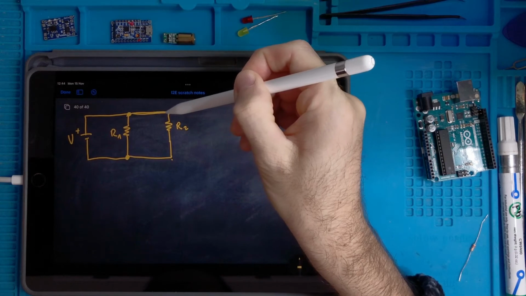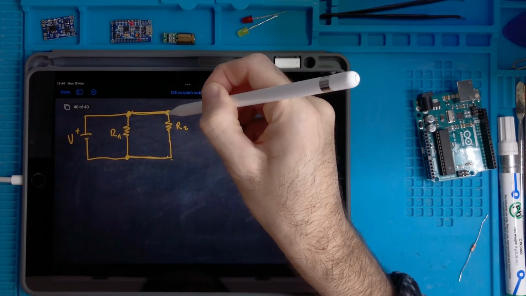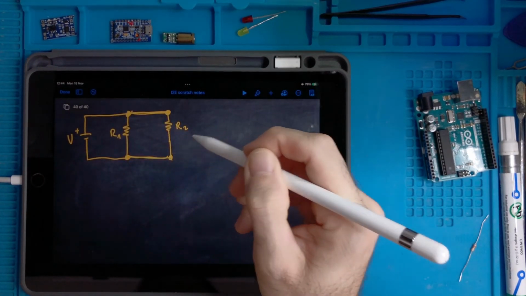Remember that this is a perfect conductor, so this node here is the same as this one, and this node here is the same as this one.